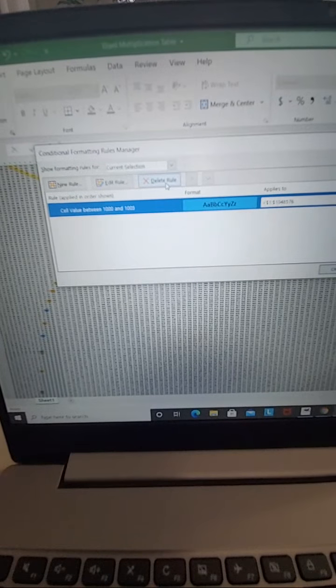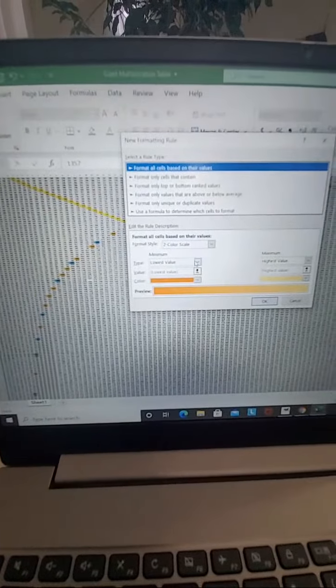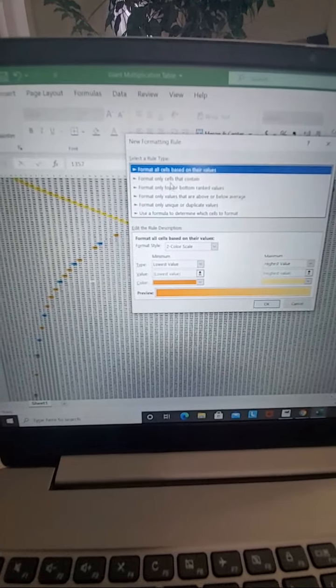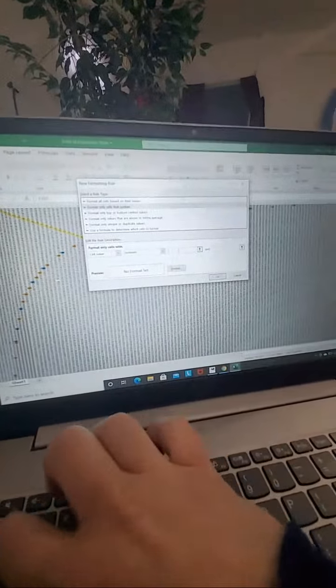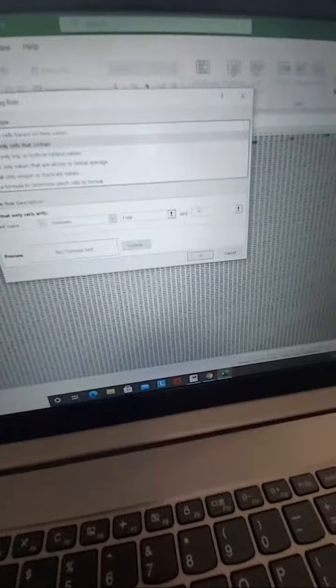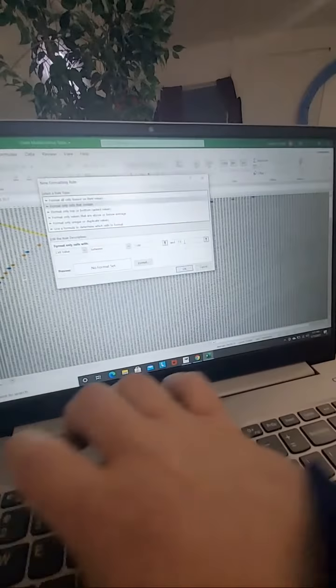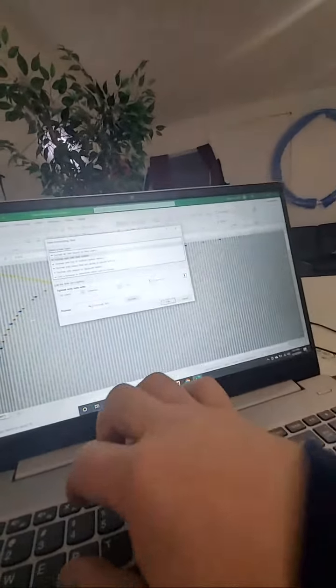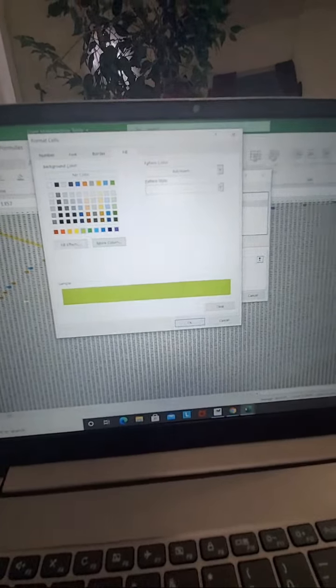I'm going to delete that rule. 1,100 and 1,105. Let's make that green.